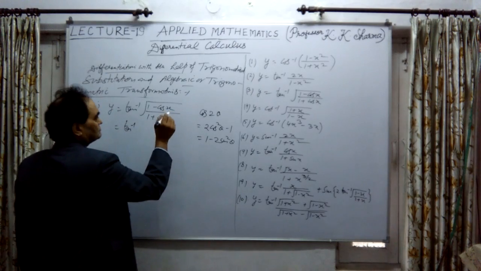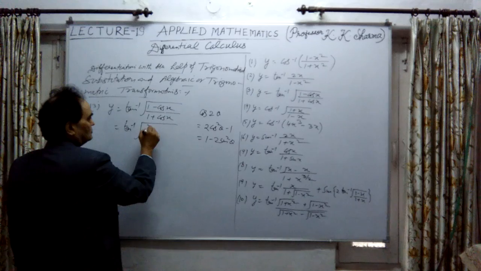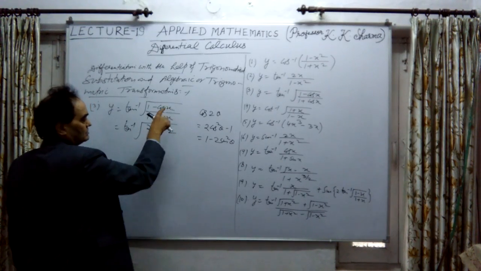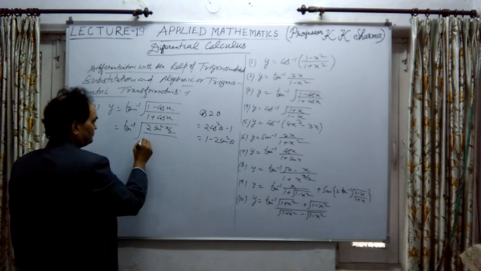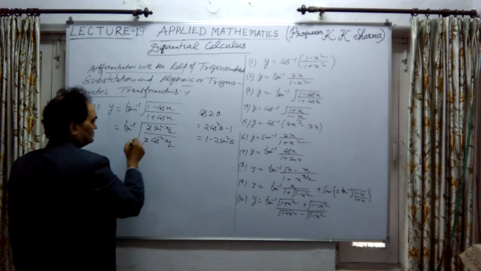We are just changing it. This is nothing but 2 sin square x by 2 upon 2 cos square x by 2, because for a single angle it will be half. The 2 and 2 cancel out.